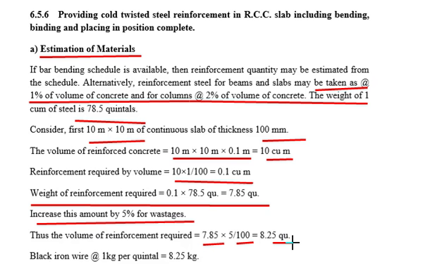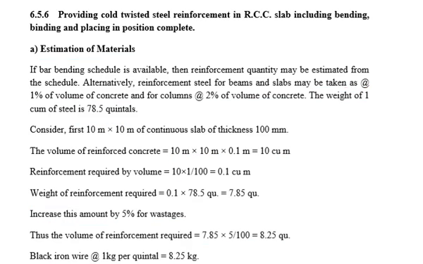Then we require some wire which is used for the binding. That wire is black iron wire at the rate of 1 kg per quintal. So for a quintal we will use 1 kg. So for 8.25 quintal we use 8.25 kg. Clear?